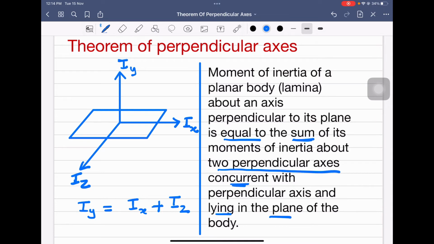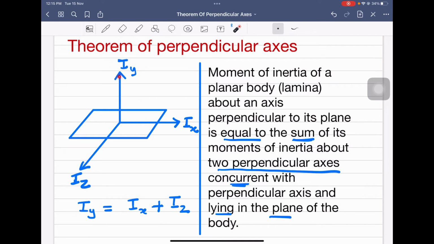Now I hope you can remember this definition easily. So what do we have to do? First we have to remember that the theorem of perpendicular axis is applicable for a planar body and it is defined for an axis perpendicular to its plane. So first we consider an axis which is perpendicular to the plane of the planar body.